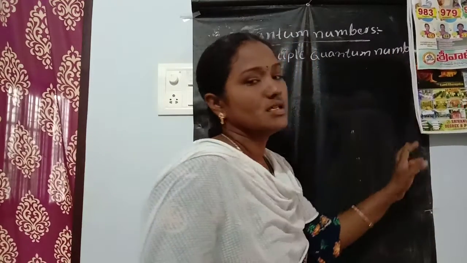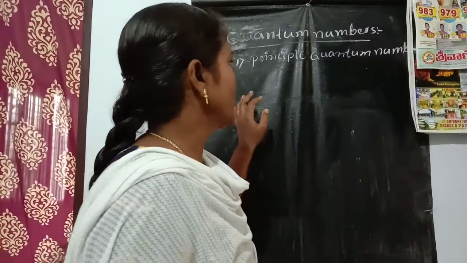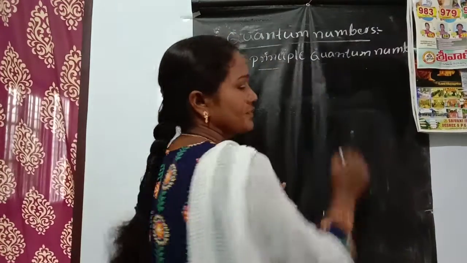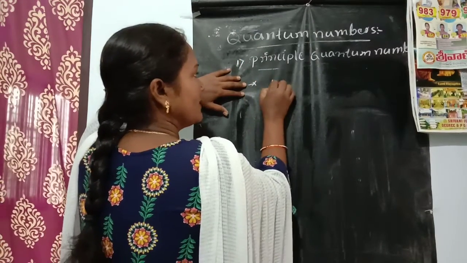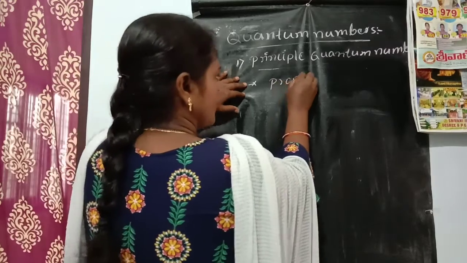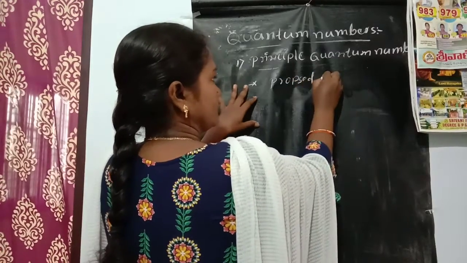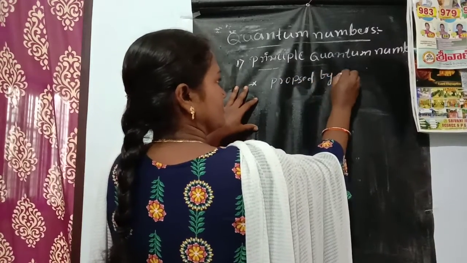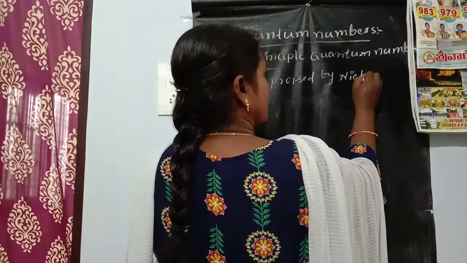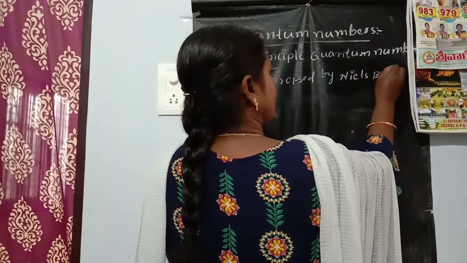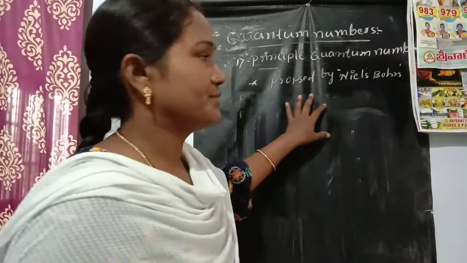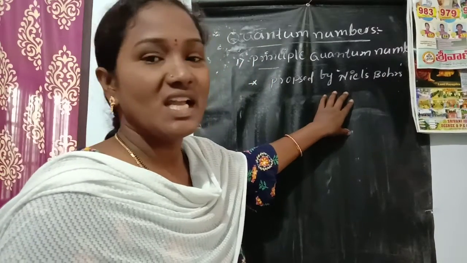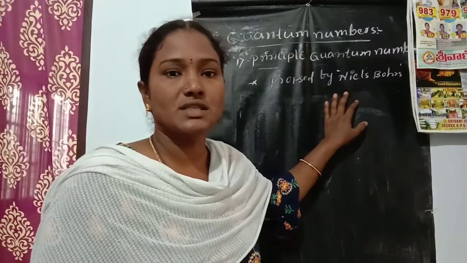First one is principal quantum number. It was proposed by Niels Bohr. It is denoted by small n.